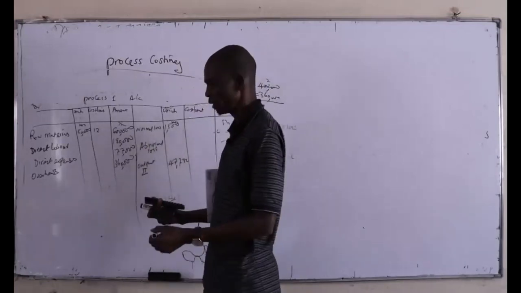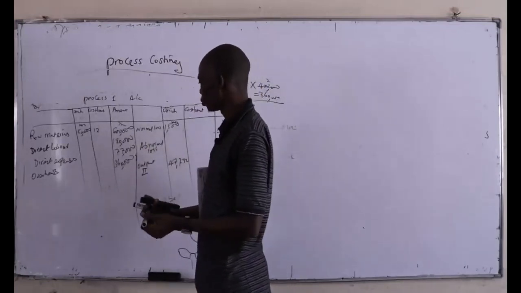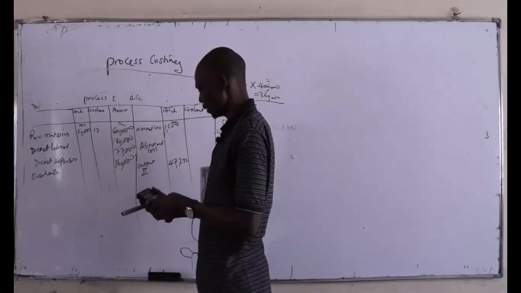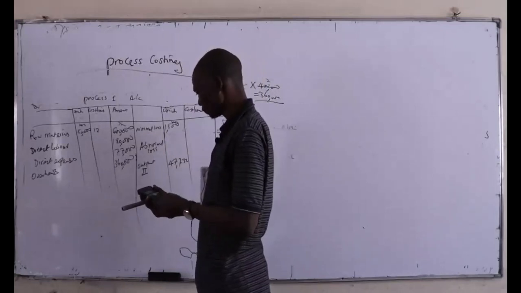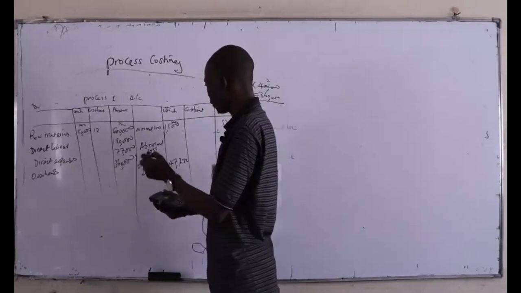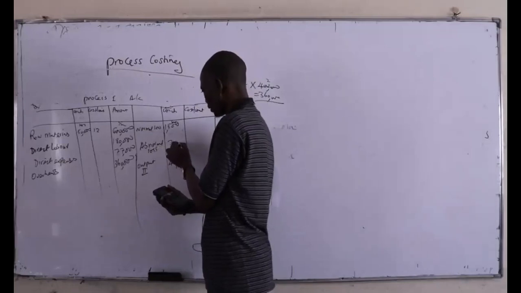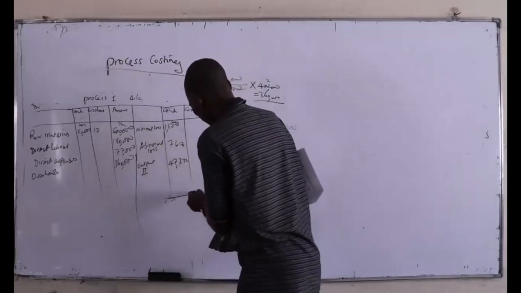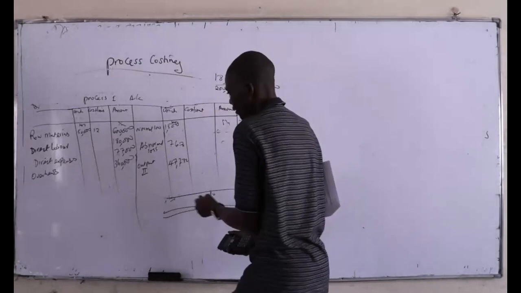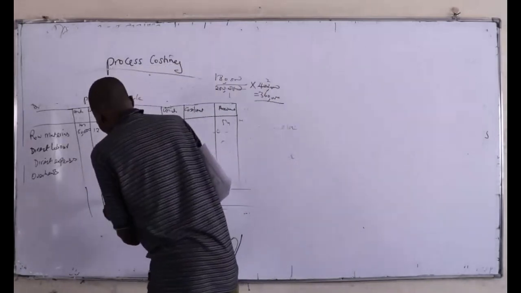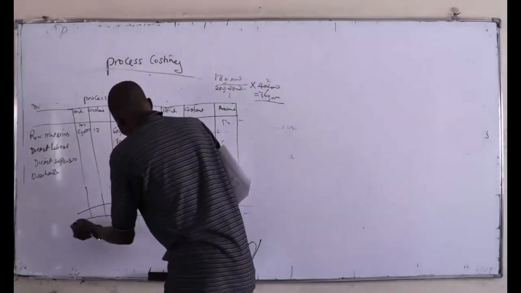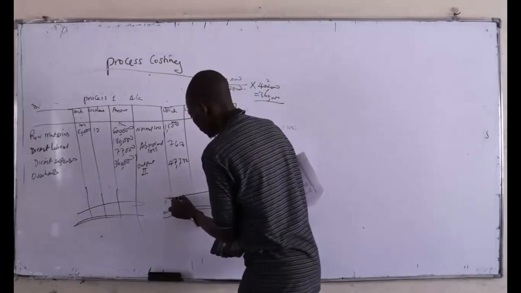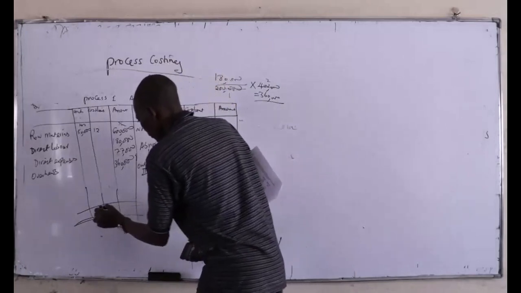So in this case, it is minus 47,732. So the abnormal loss is 768, and then this side, this is that process, it gives you 50,000.